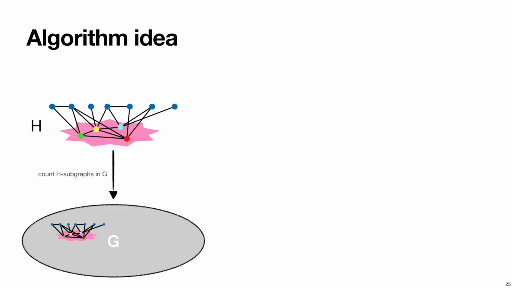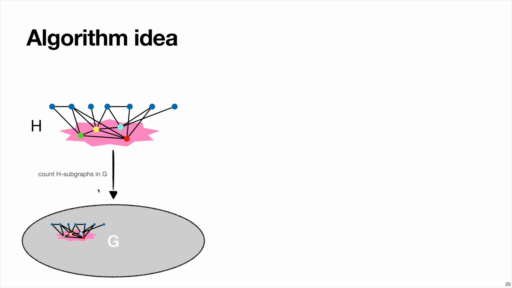The algorithm for this problem is supposed to count graphs H of bounded matching split number in a large graph G. So every copy of H in G is supposed to be counted, and then this number is to be taken modulo 2 to the t.